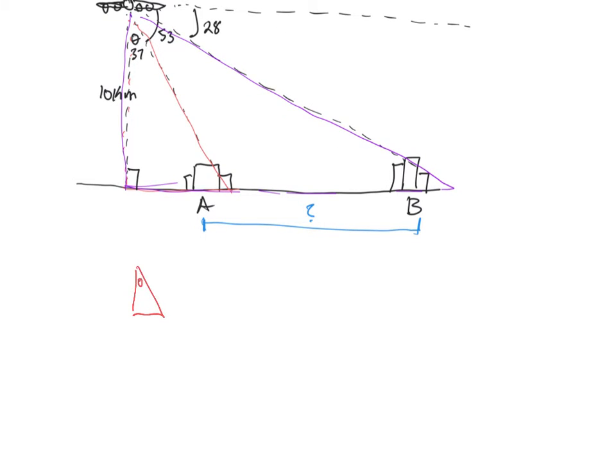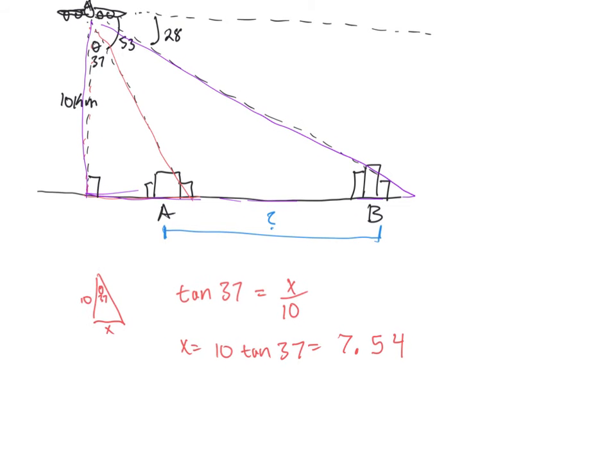So this will be 37. This is 10. I want to use tangent then. So tangent of 37 must equal x over 10. So x equals 10 tangent of 37, which gives me, rounded to 2 decimal places, 7.54.